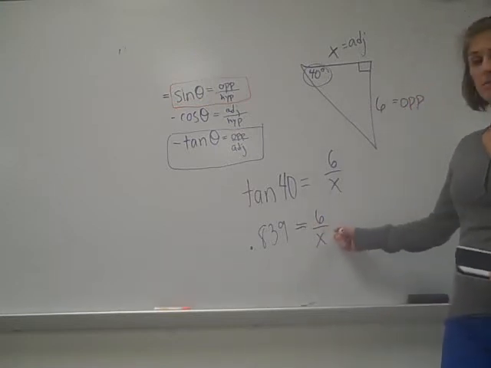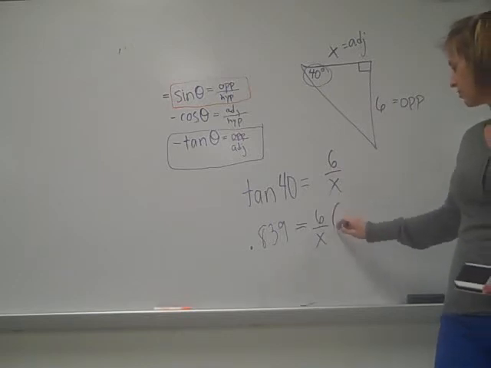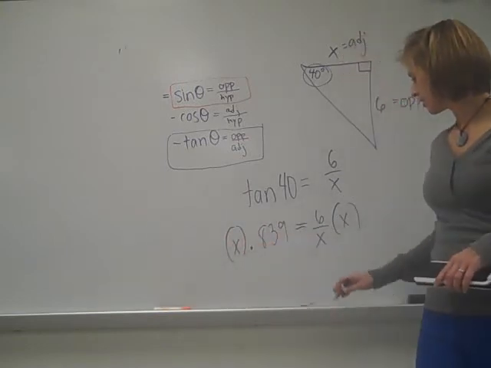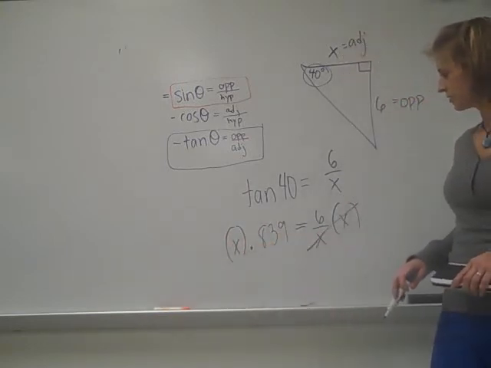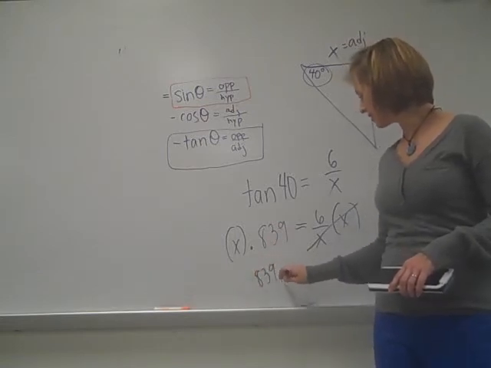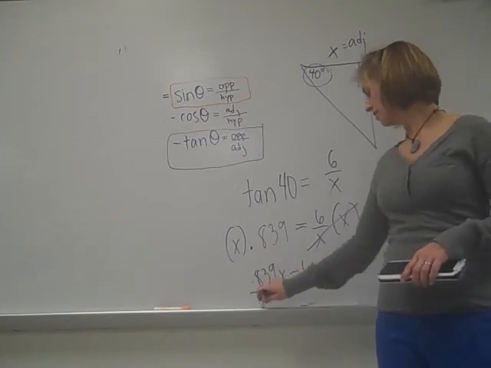When x is on the bottom, it's annoying because it's more complicated. But what I have to do is multiply both sides by x. So the x's cancel, and then I have 0.839x equals 6. To get x, I need to divide by 0.839.